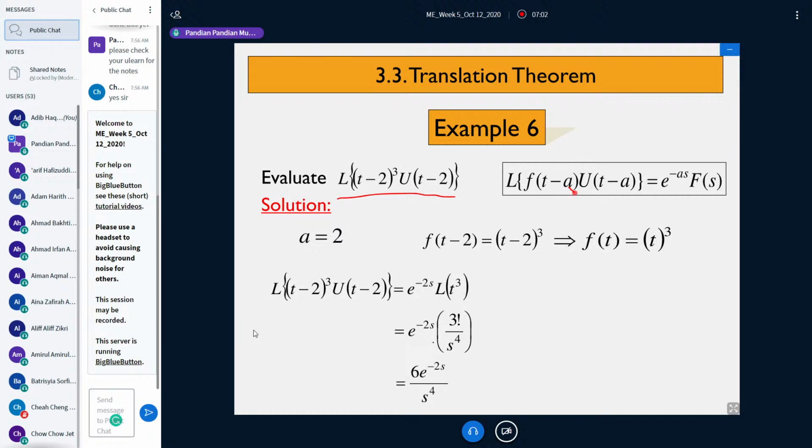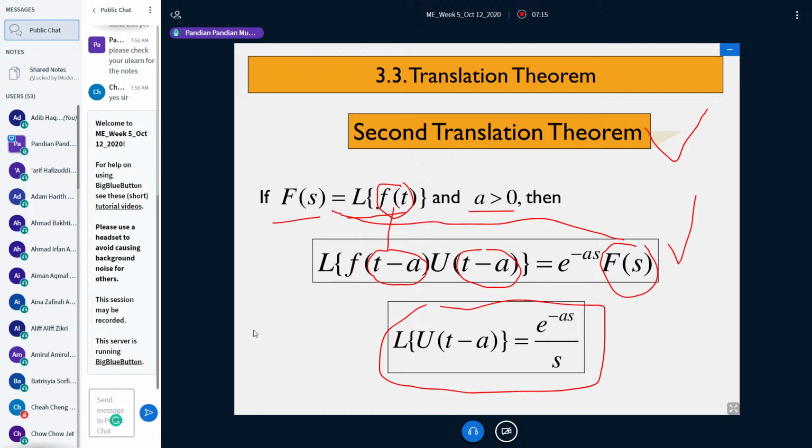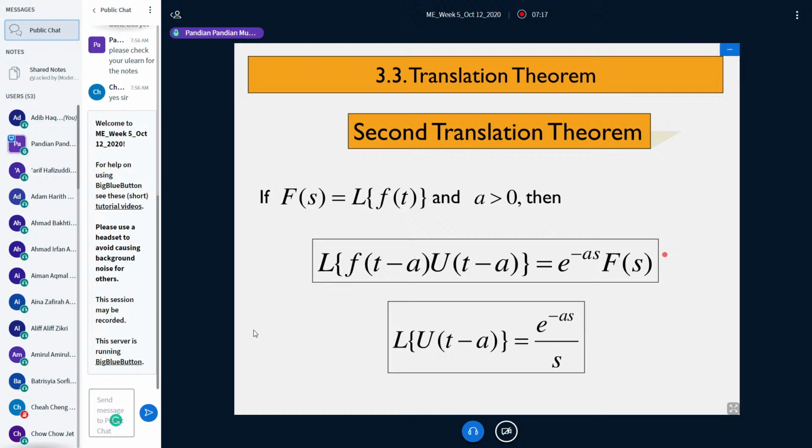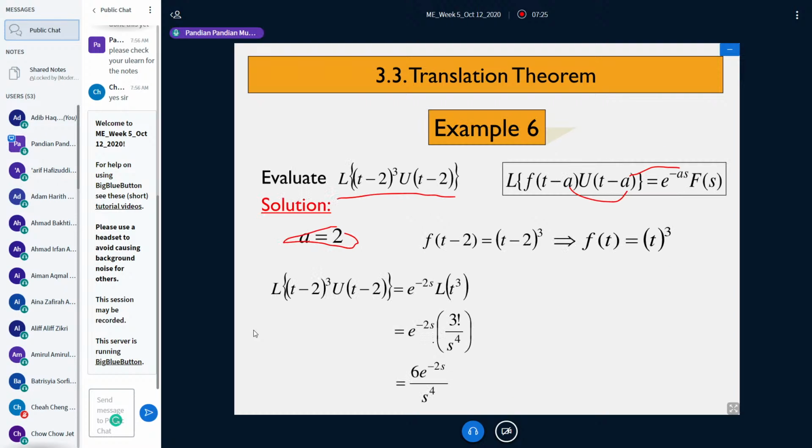So this a is all the same, a is 2, because you must match with the theorem. The theorem is this one. So we are using Laplace of f(t minus a) u(t minus a) equals e to the power of minus as F(s), to solve this problem.